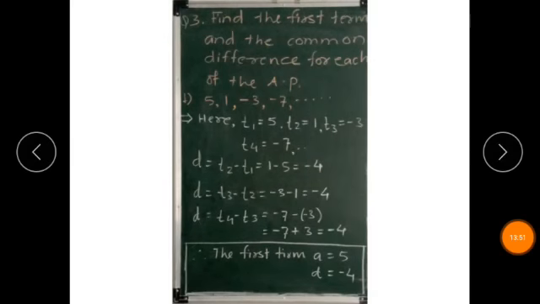Let us see the third question. It is also very easy. The question is, find the first term and the common difference for each of the APs. Children, this is one of the easiest questions.